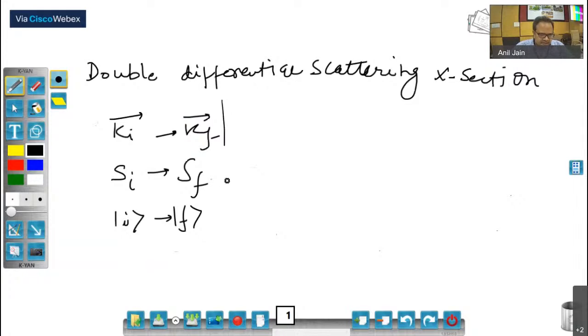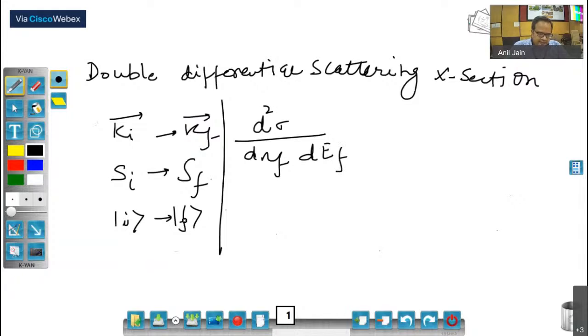Now let me write down the double differential scattering cross section, d squared sigma over d omega f d Ef. In this process the energy of the neutron also changes from Ei to Ef.